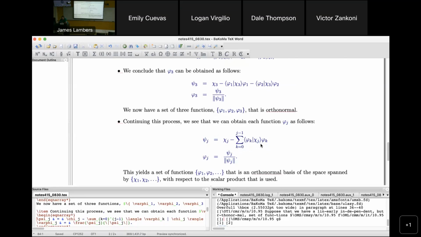We're taking each new function chi j from our non-orthogonal set, and we're orthogonalizing it against all previous phi's. That's what subtracting off these terms does. And then we normalize that, and we can add it to our orthonormal set.